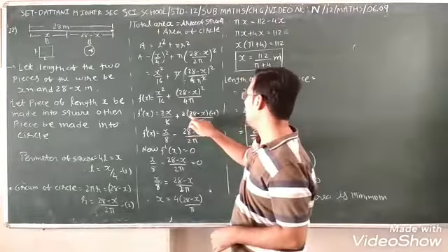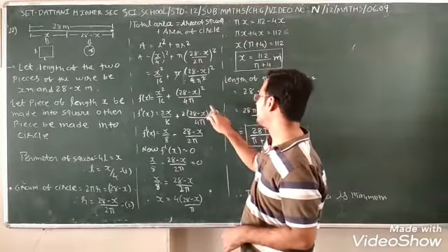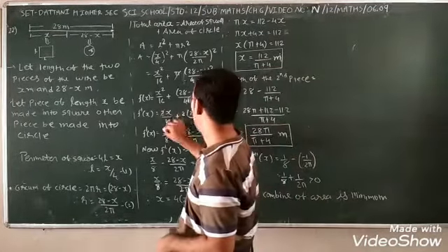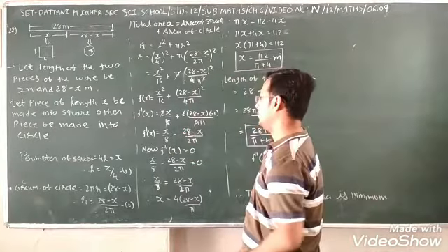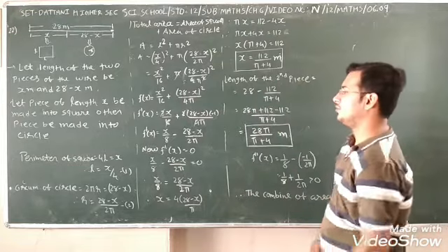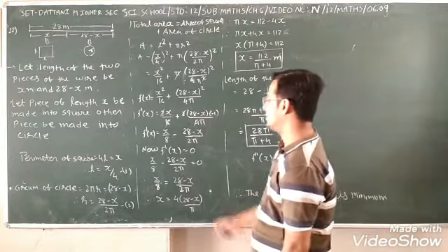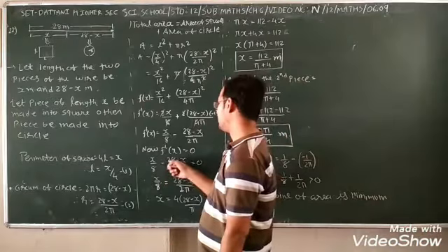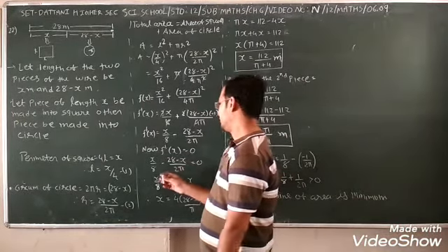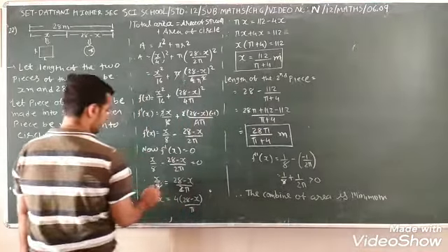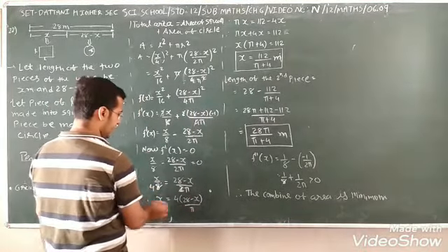For the second term, 2 comes down, and 28 minus x gives minus 1. Here 2 and 8 cancel, 2 and 2 give x by 8 minus (28 minus x) upon 2 pi. Now we get f dash x, so we put f dash x is equal to 0. So x by 8 minus (28 minus x) upon 2 pi is equal to 0. Changing side, 2 times 4 is 8 on this side and pi on this side.